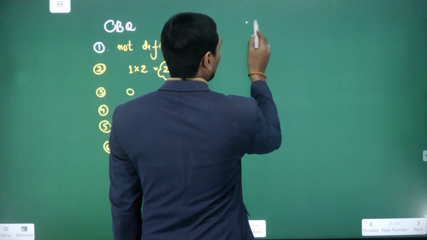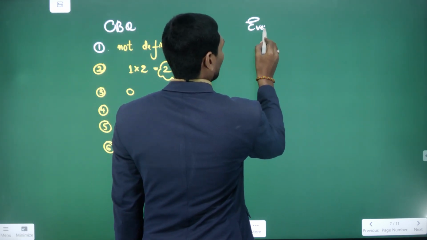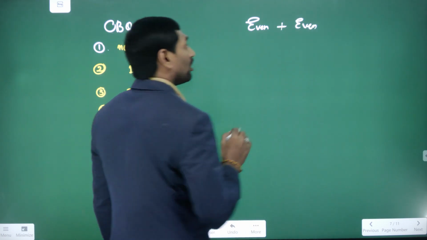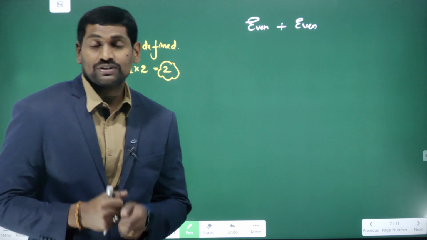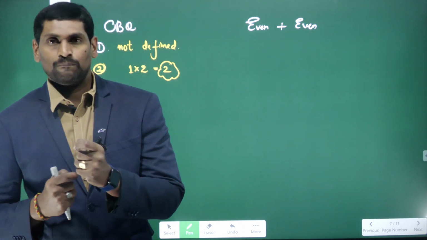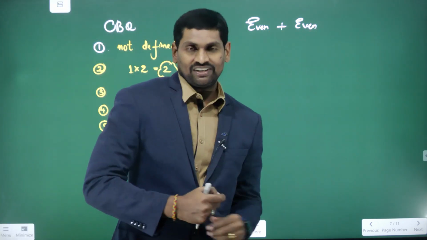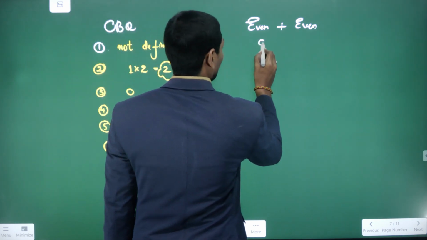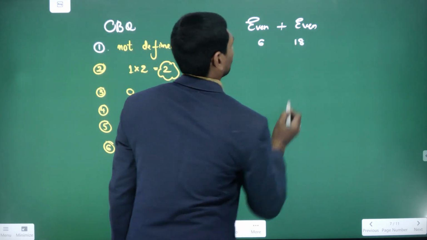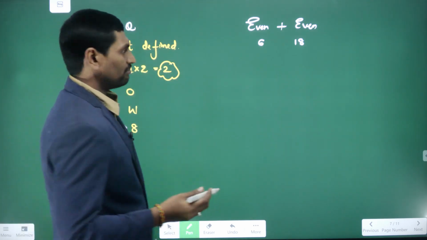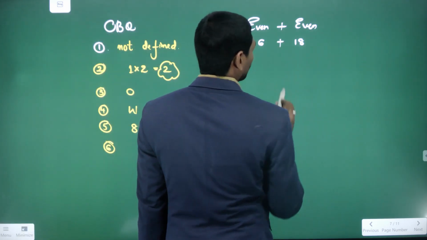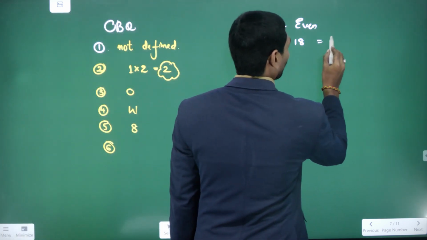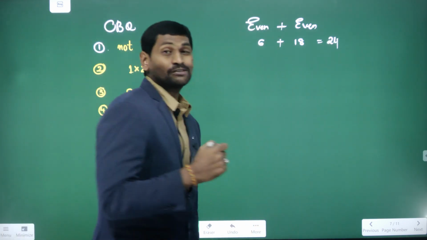Okay, I am taking two even numbers. First one even number, second one also even number. Sum means addition. If you take any two even numbers, I am taking 6 and 18, and add both, then 6 plus 18 will be 24, which is exactly divisible by 2.